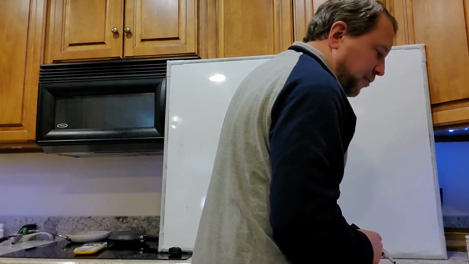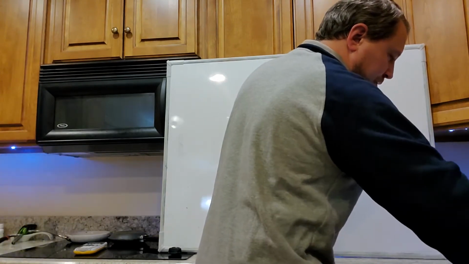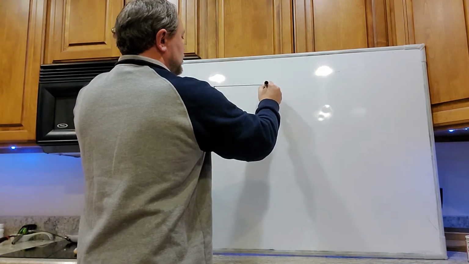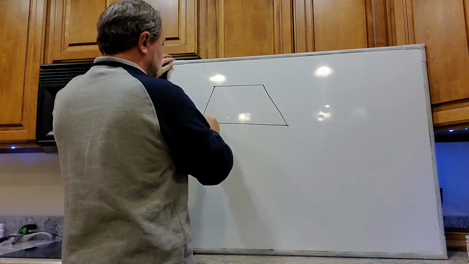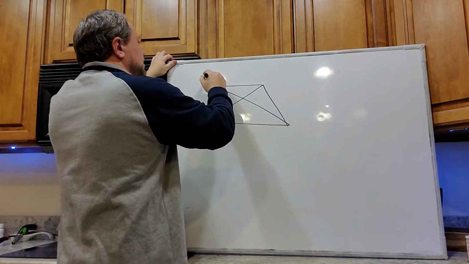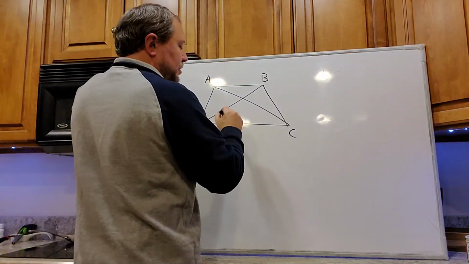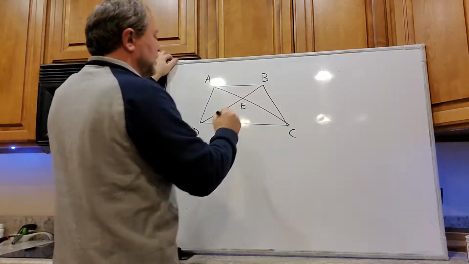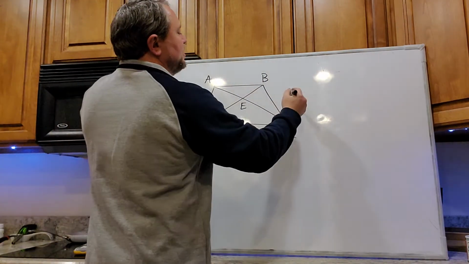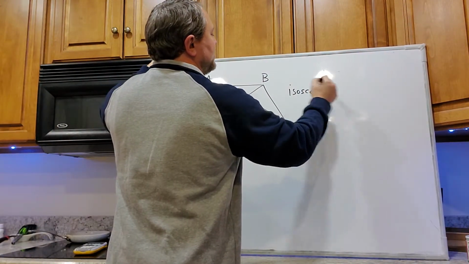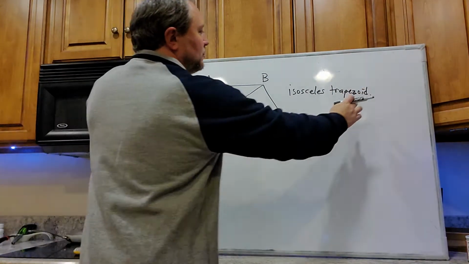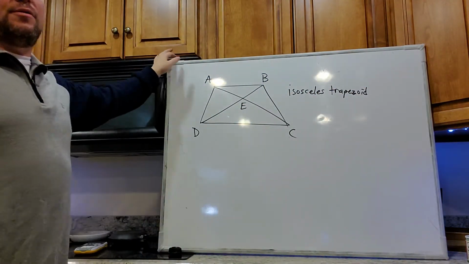For our first one here, let's draw a picture of a trapezoid, complete with diagonals, and I'm going to label this A, B, C, D, and in here we'll call that point E. And in this picture, I'm going to mention that this is an isosceles trapezoid for these questions.